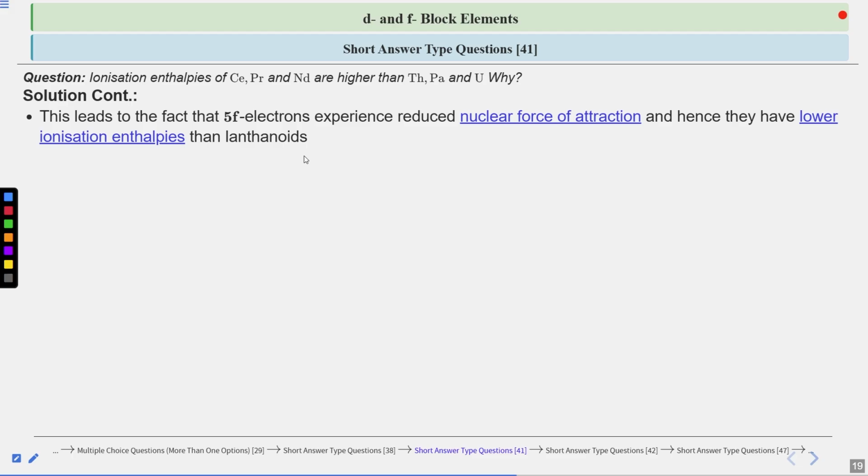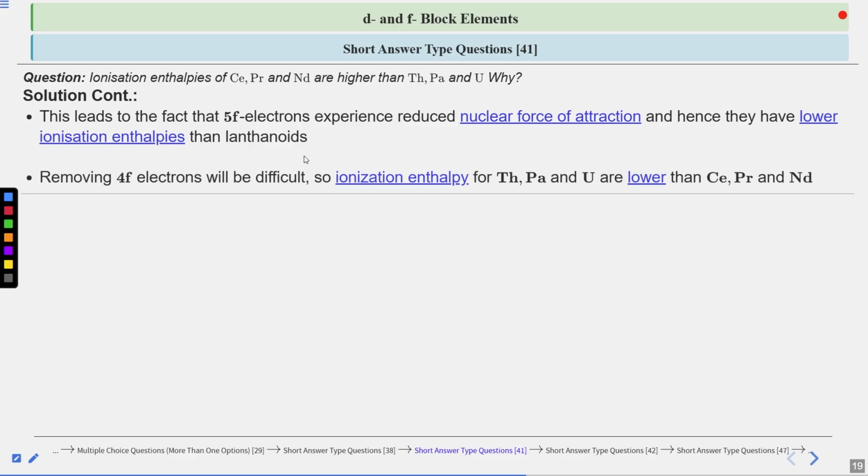So 5f electrons experience reduced nuclear force of attraction, due to which they have lower ionization enthalpies than the lanthanoid series. So removing the 4f electrons will be difficult. Ionization enthalpies for thorium, protactinium and uranium are lower than those of cerium, praseodymium and neodymium from the lanthanoids, right? That's why ionization enthalpy for the lanthanoid series is higher than for the actinoid series elements.